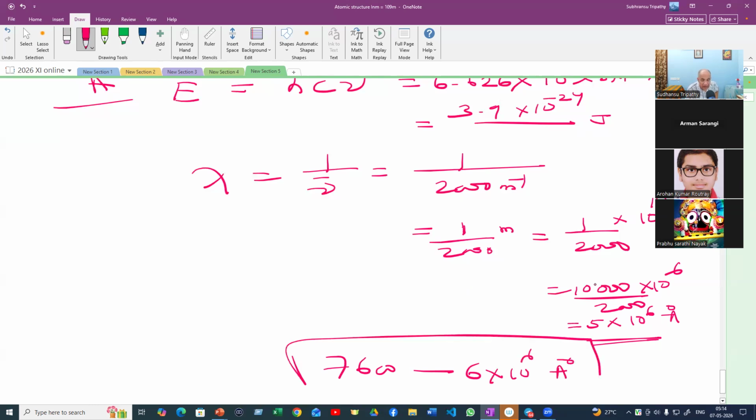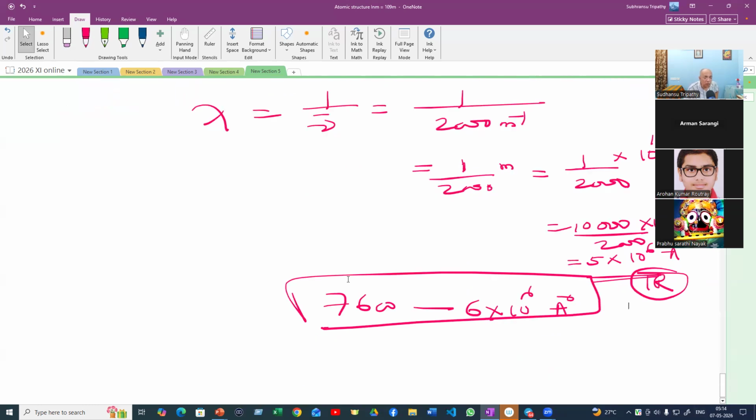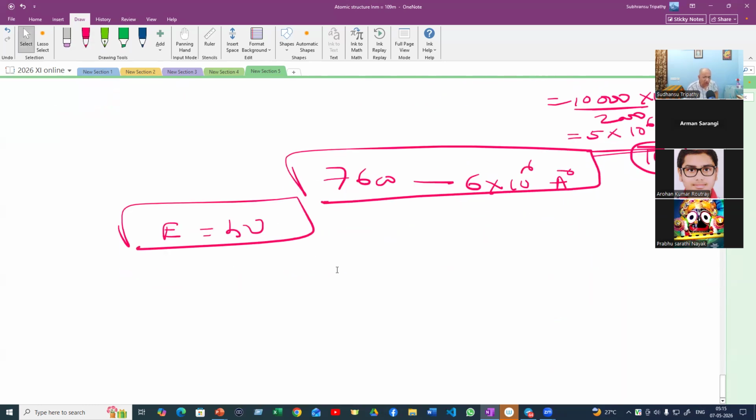This is the widest range. So this falls here, so it is an IR wave. In this way, you can also be given the value of frequency, in which case you will use E is equal to h nu. So this is all. Let us bid goodbye to Planck's quantum theory.